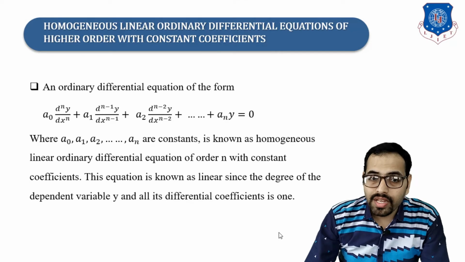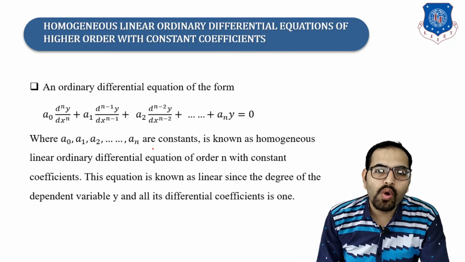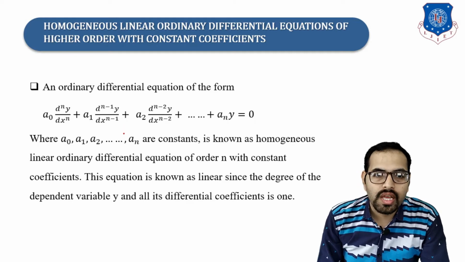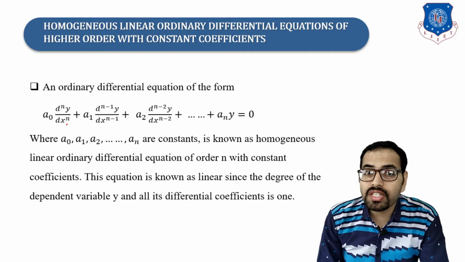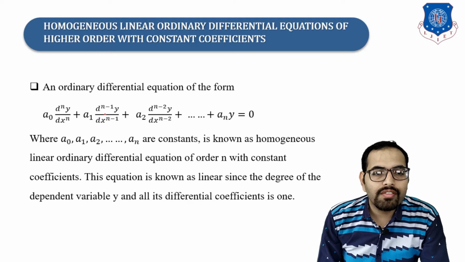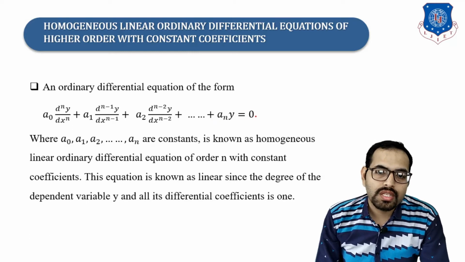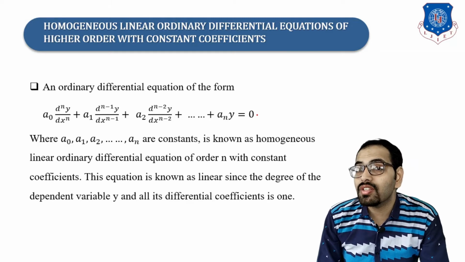Let's see. Next one is the homogeneous linear ordinary differential equations of higher order with constant coefficient. An ordinary differential equation in the form a0 d raised to n y of dx raised to n plus a1 d raised to n minus 1 of y upon dx raised to n minus 1 plus and so on plus an y equal to 0. See, if it is equal to 0, then we can say that it is homogeneous.